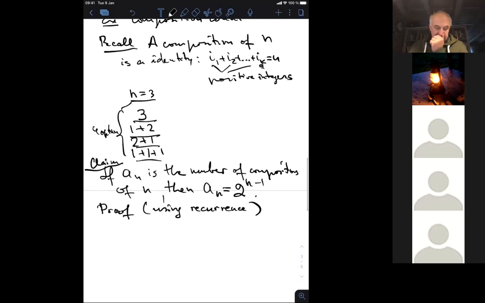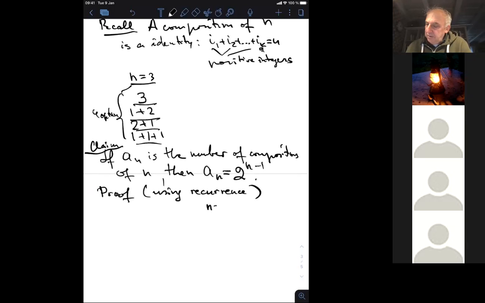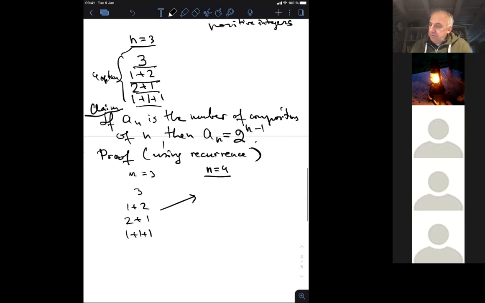Okay, to do this, let's look at the situation when we'll be changing n from 3 to 4. So what happens? How to get all compositions of the number 4 from those of number 3? So let me repeat. For number 3, we have 3, 1 plus 2, 2 plus 1, and finally 1 plus 1 plus 1. How would I get those of number 4? So there are 2 procedures which will allow us to get all compositions of number 4 from those of number 3.